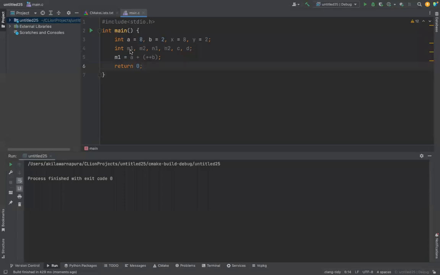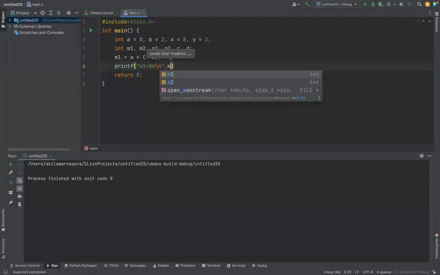Okay, and m1, m2, m3, so those values are available. I think it is not required to declare this. The m1 is equal a plus b. So if you want, you can use printf and get what is the value of m1. m1 equal percentage d slash n. Here you can provide m1.